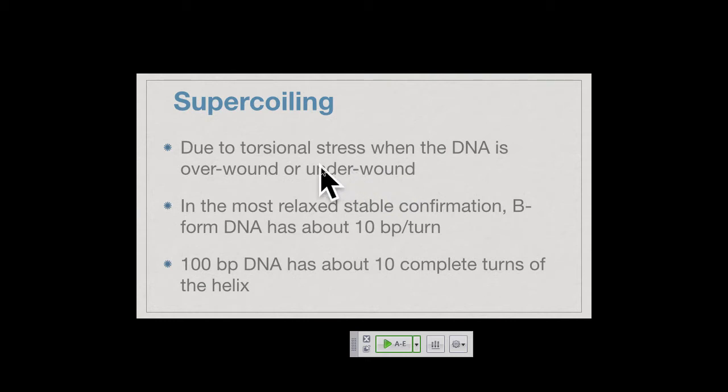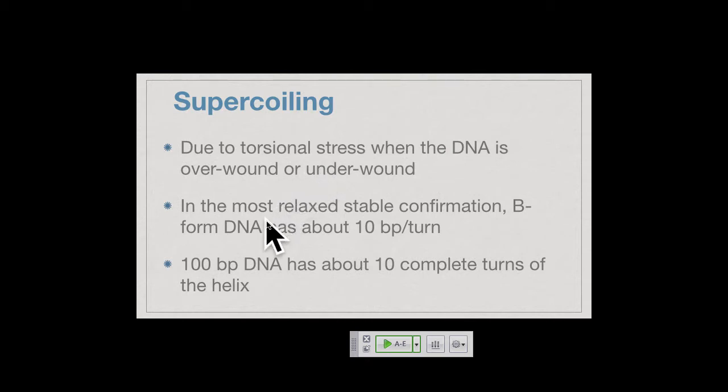What we've got to talk about here is supercoiling. In cells, you don't have it in what we call this relaxed form with the 10 base pairs, but it's under a torsional stress. I'll try to explain that in a few minutes. And to compensate for that torsional stress, it has to supercoil. So in its most relaxed state, that's where we'll start.